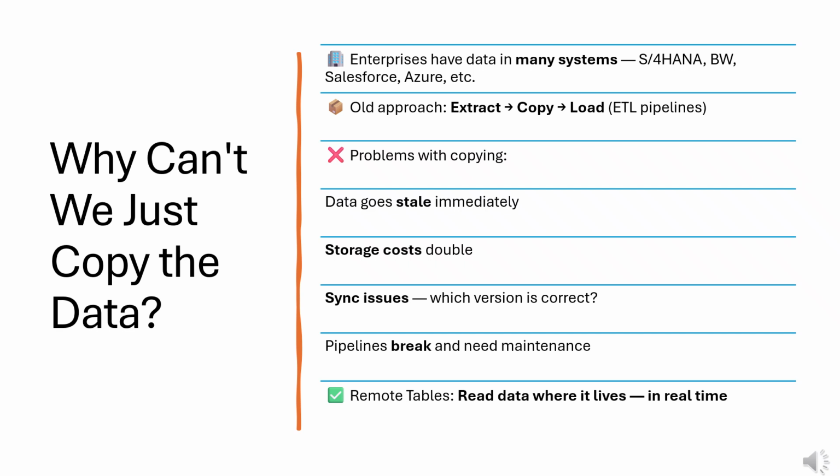That sounds reasonable, and that is the approach everybody used to follow. But here's the catch. The moment you copy the data, it starts going stale. Now your S4 HANA has a new invoice posted at 9 a.m., but your copy in BDC still shows yesterday's numbers at noon. And now you have two versions of truth. Which one does the CFO trust?